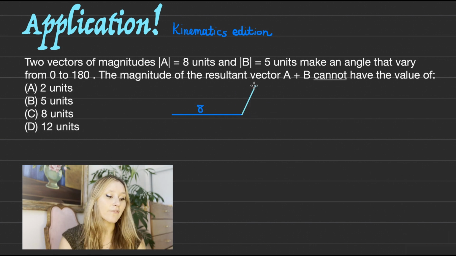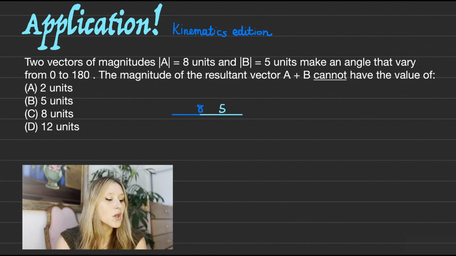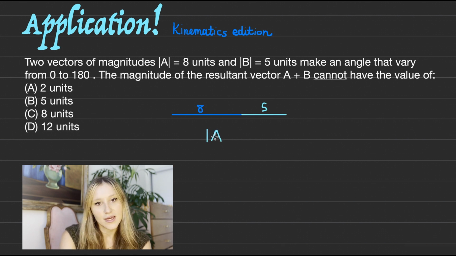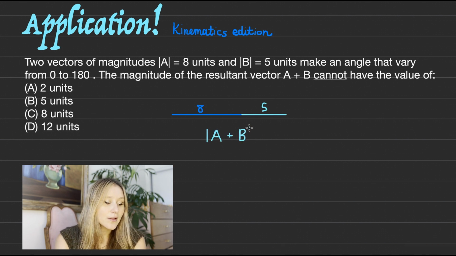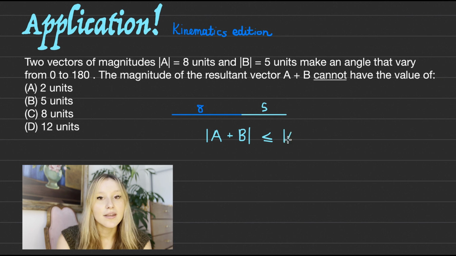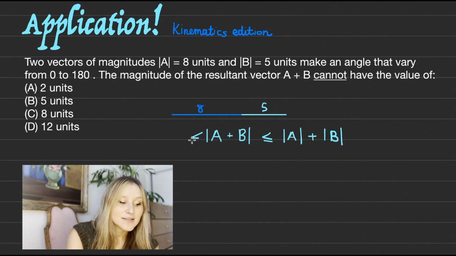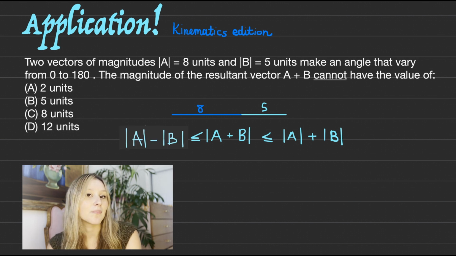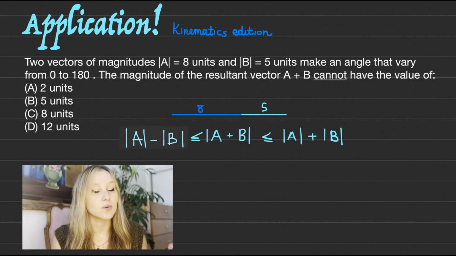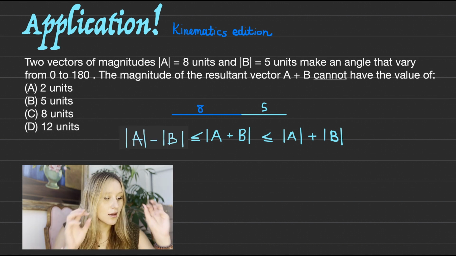The magnitude of the resultant vector A plus B cannot have the value of. So for this idea, we know that the resultant vector cannot be less than A minus B or more than A plus B when it comes to their magnitude, okay?